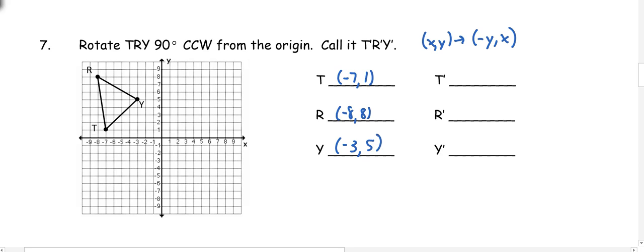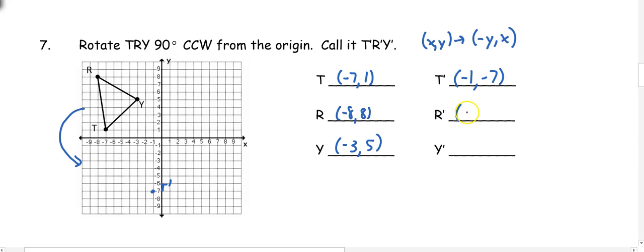Now I'm going to switch them, and the y coordinate will become negative first. If I'm going counterclockwise, I'm going 90 degrees the other direction, which means I should end up in the third quadrant for my points. When I switch this, I need the opposite of my y coordinate, so now negative 2, and the same x coordinate. So T prime is now at negative 2, negative 7.